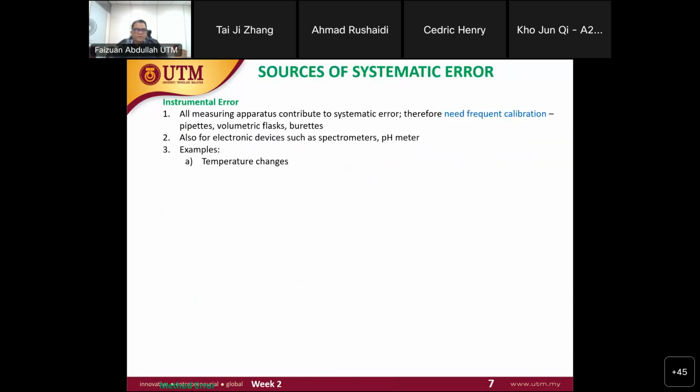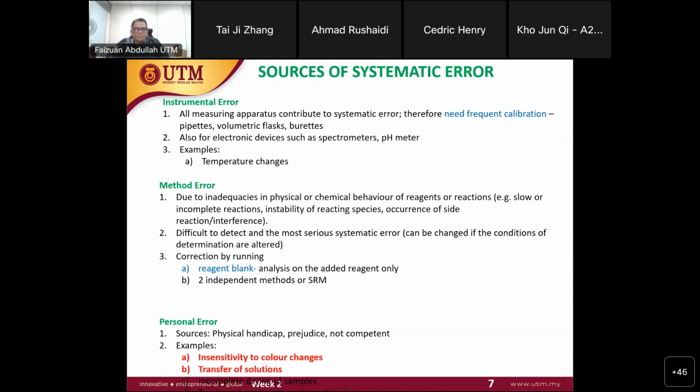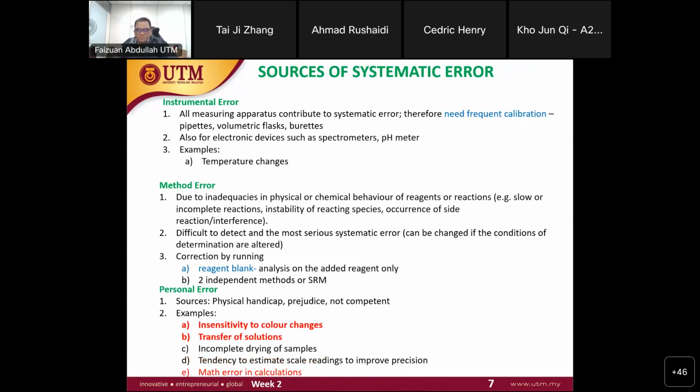Now, instrument error. All measuring apparatus contribute to systematic error. And also we have method error due to inadequacies of physical or chemical behavior or reaction. And also we have personal error.